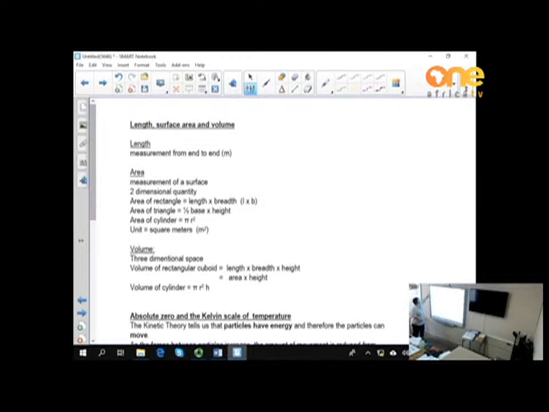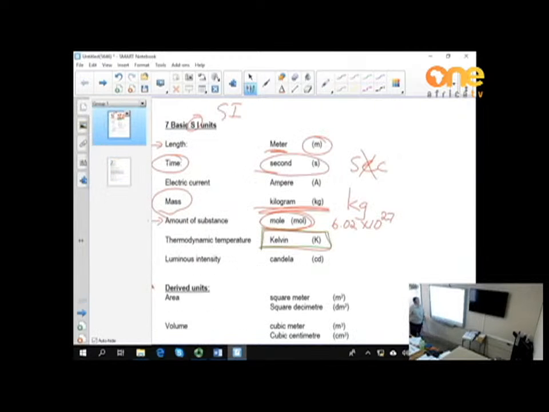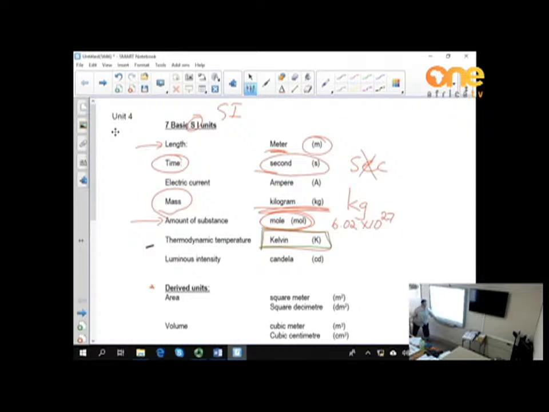Okay, so temperature is measured in Kelvin. The symbol for a Kelvin is just a capital letter K. It's not complicated. I'll come back to Kelvin in a moment.